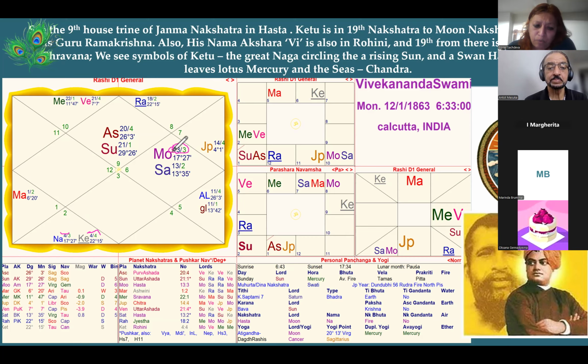The Hasta Moon, the ruler of Hasta, is also the Moon himself. And when you think about Rohini, from the Nama Nakshatra in Taurus, which is in Rohini, and from Ketu, which is also in Rohini, it is in perfect trine to the Moon. So what does that tell us? That automatically from Hasta, Rohini will be the 19th nakshatra, is it not?